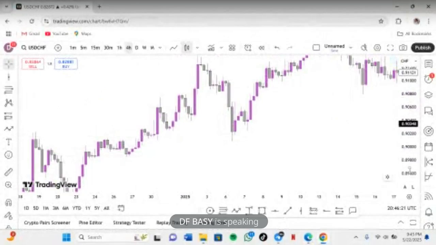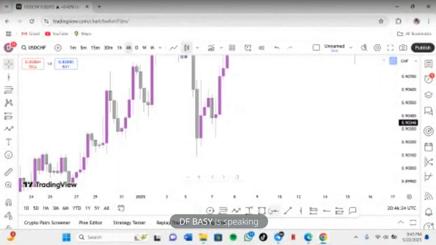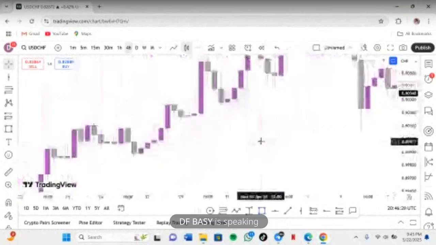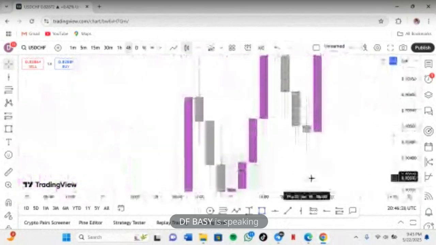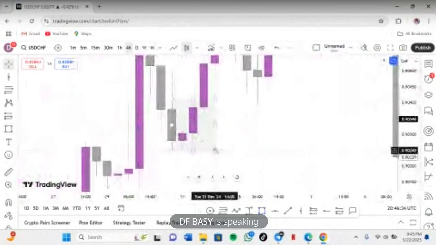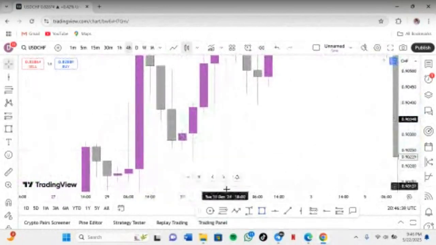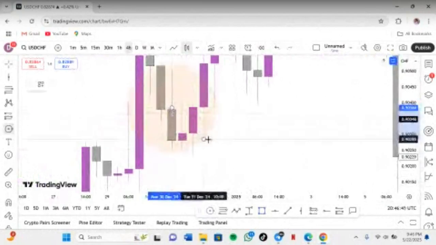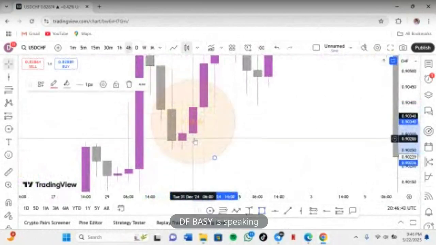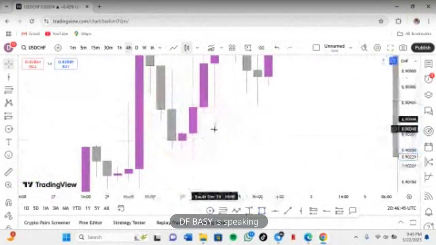All right, I see a morning star here. This is a perfect example of a morning star. Have you seen? Let me zoom in. Perfect example of a morning star, right?